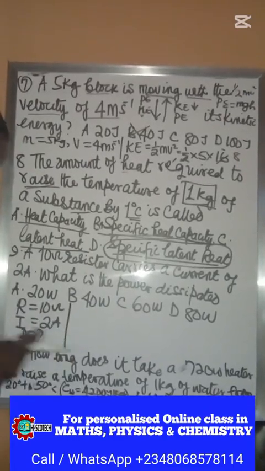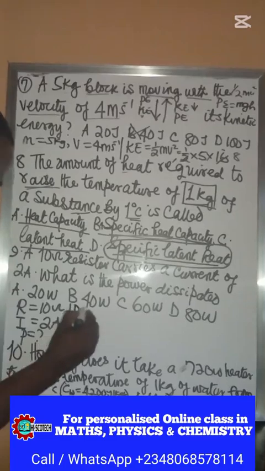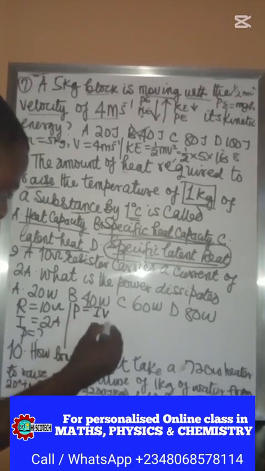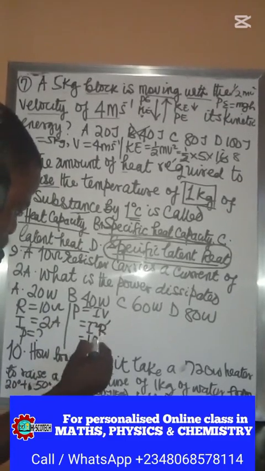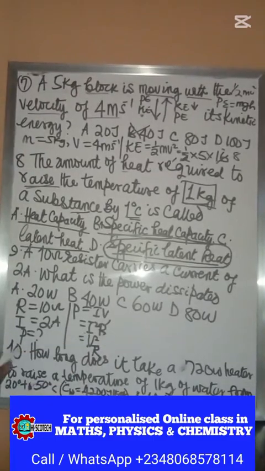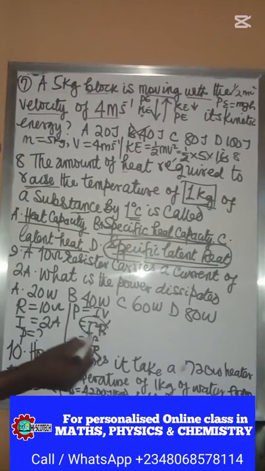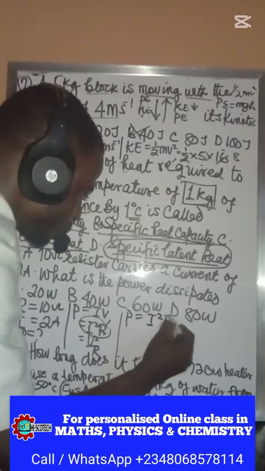Power is given by IV or I squared R or V squared over R. But because we are given just I and R, we are going to make use of this particular formula. So power is equal to I squared R.